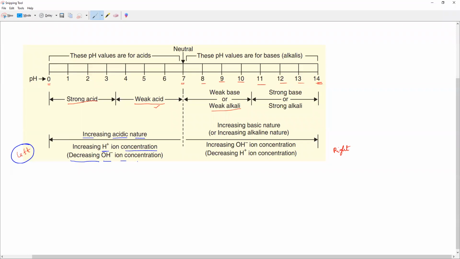OH minus ion concentration is decreasing. So when we are moving towards the left hand, acidic nature will increase. Understand? Instead of H plus ions, we can also call them by one more name. What is that, everybody? Hydronium ions. Okay, that is what you have to remember.